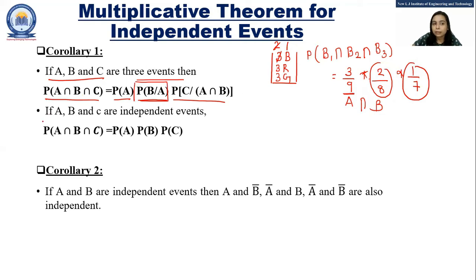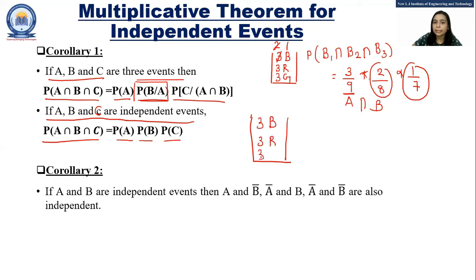Now the next is that if A, B and C are independent events, so the probability of A intersect B intersect C is equal to P(A) into P(B) into P(C). Now let's understand this through the same example. Here in this bin, there are 3 black balls, 3 red balls and 3 green balls.